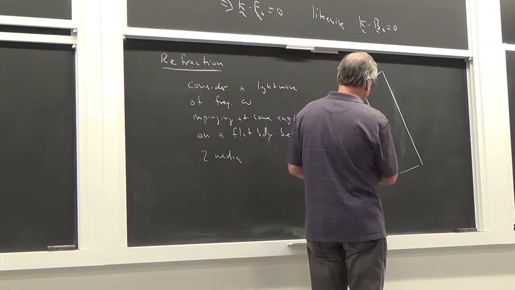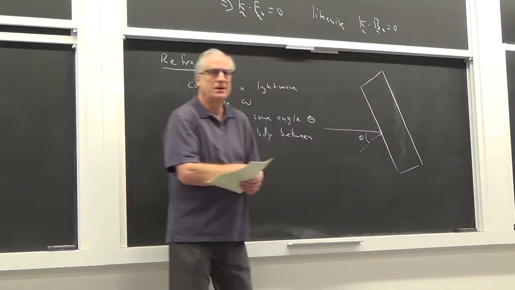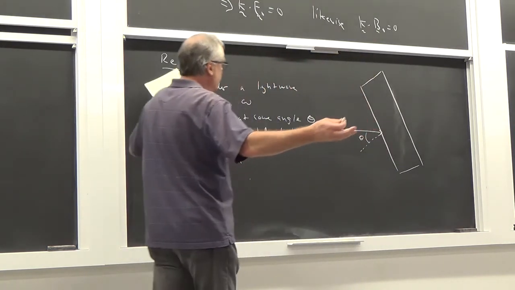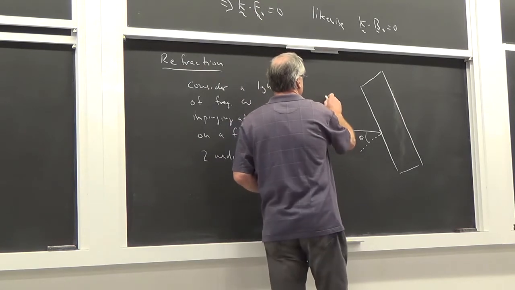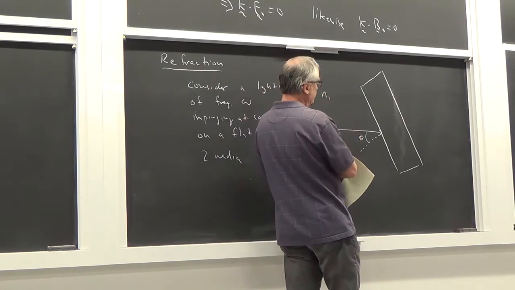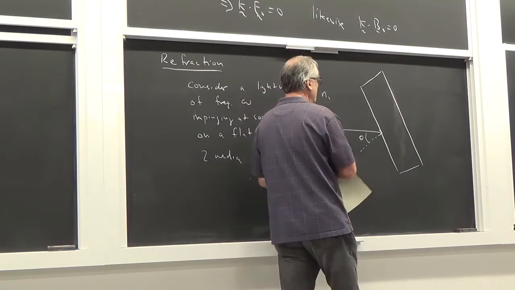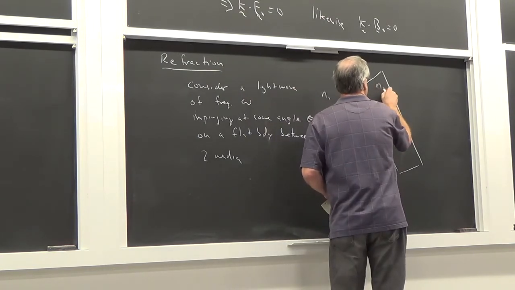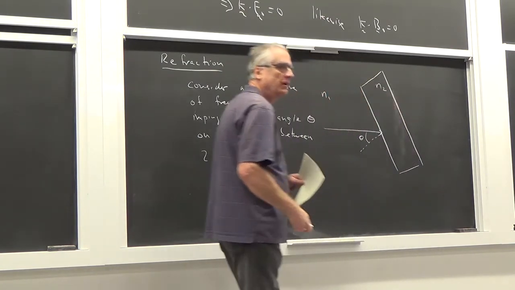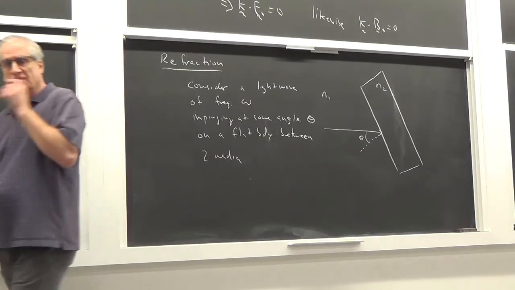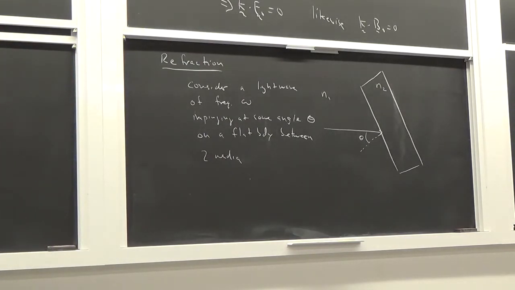And what happens? Well, what are these media? Let's suppose the region out here has an index of refraction n1, and this medium has an index of refraction n2. That's really sufficient to specify what's going to happen here. That's all I need to know.